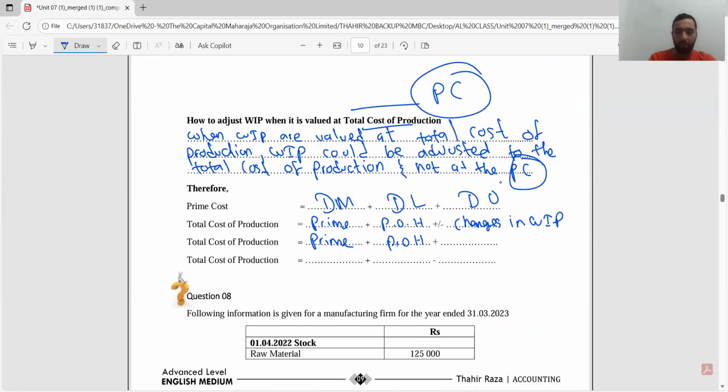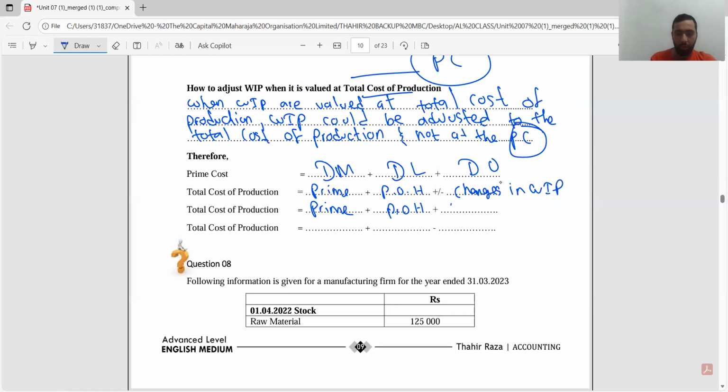Very simple. When do you put plus? When there is a decrease in WIP. Same thing. And then prime cost plus production overhead cost minus increase in WIP. Very straightforward.